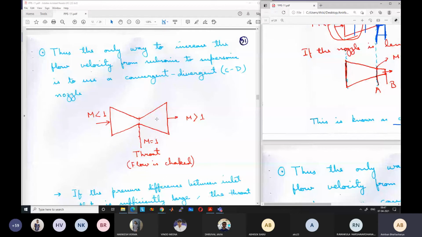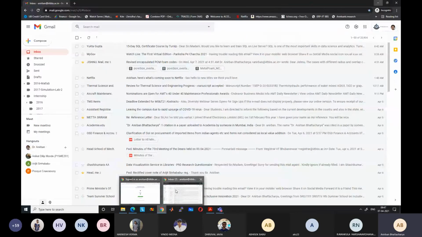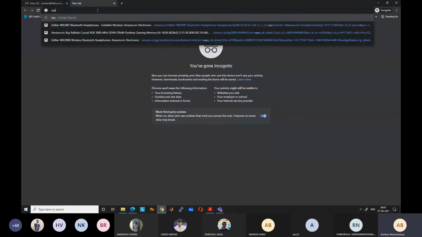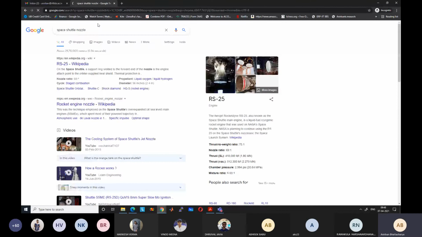Maybe it is possible to see. It's not very clear, but let me just find one of the images.